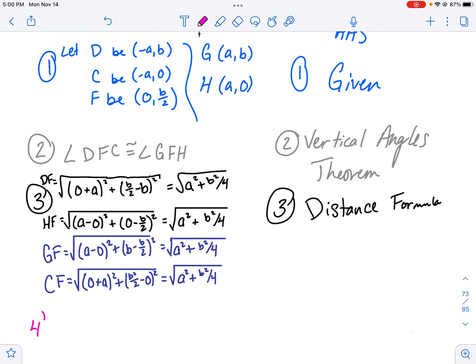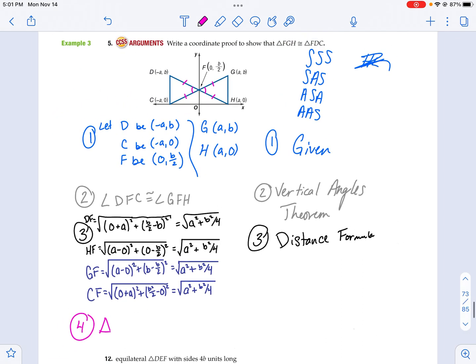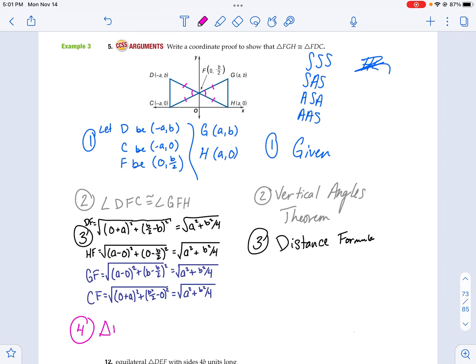I can say that triangle FGH is congruent to triangle FDC, and those are congruent by side angle side, which is honestly pretty fascinating.